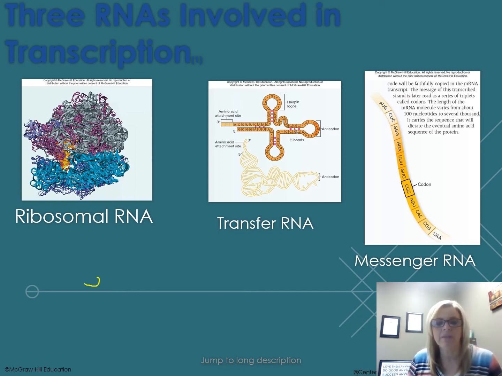So you could say, here is my AUG, which means methionine, and then here is my CUC, GGG. That's going to tell the transfer RNA to go pick up a very specific amino acid and put it together, and they're going to be linked together. These are those three-letter triplet codons that code for a specific amino acid.